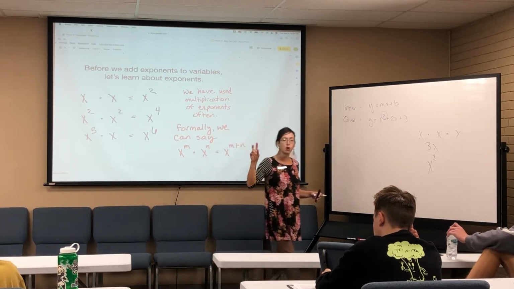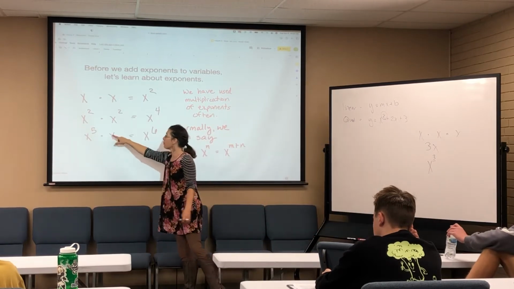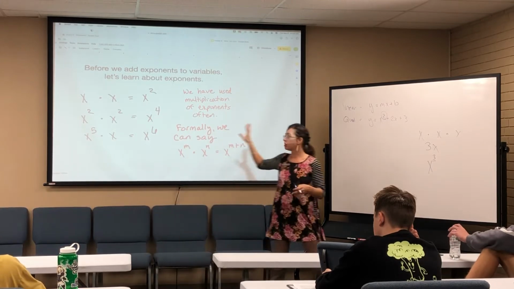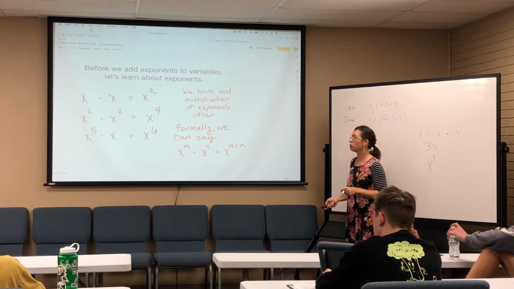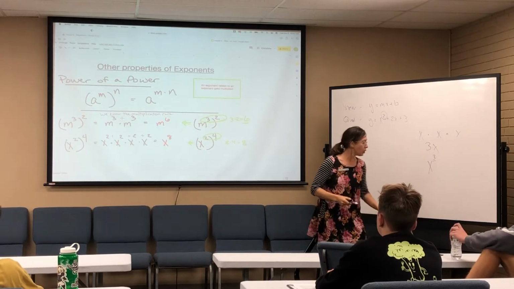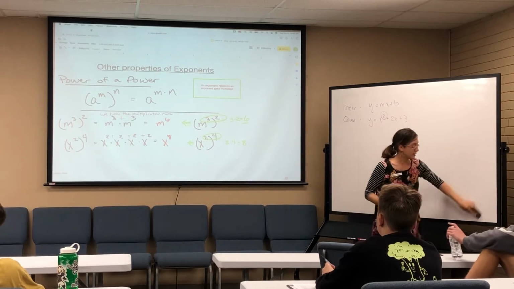We just haven't formally said that. We haven't said, oh, 5 plus 1 is 6. We're not thinking, oh, this is an m plus n. So that's the rule initially for our exponents.